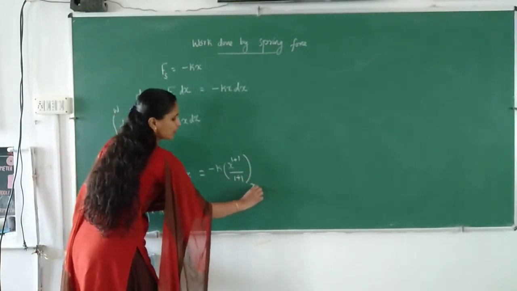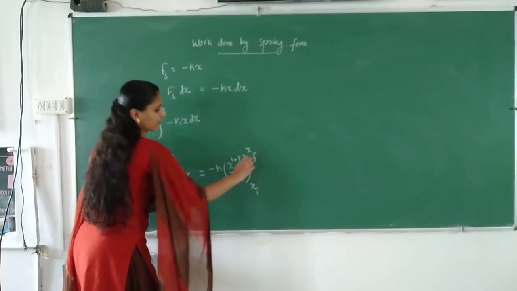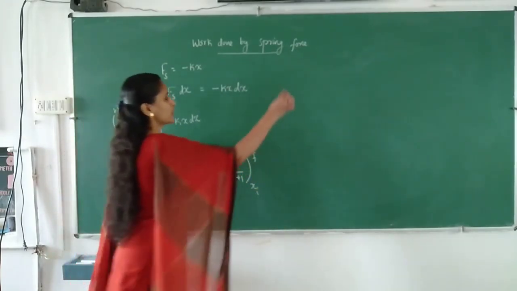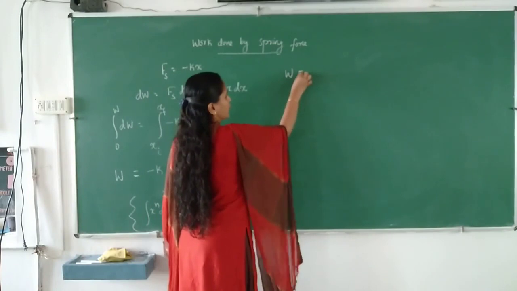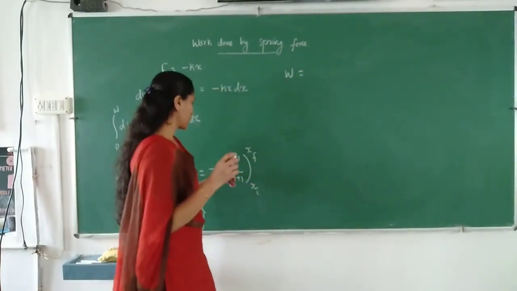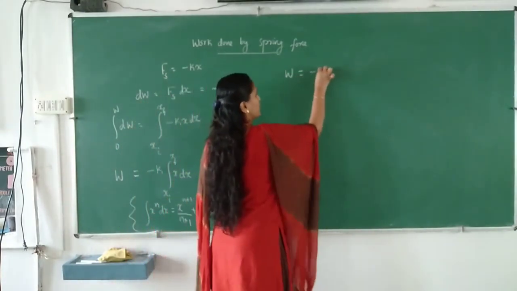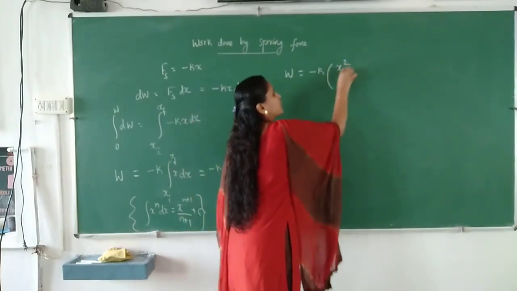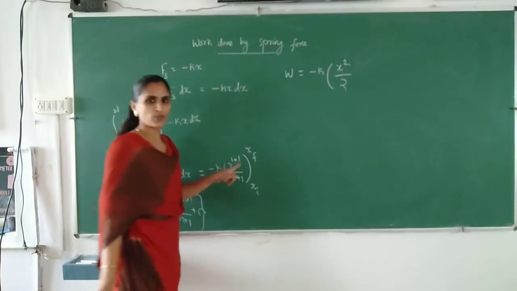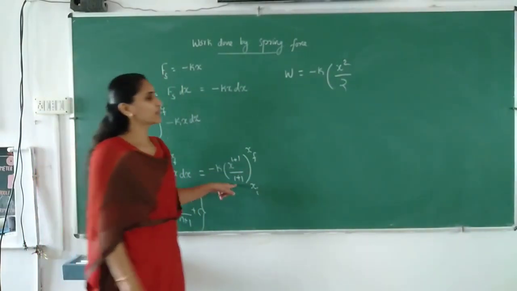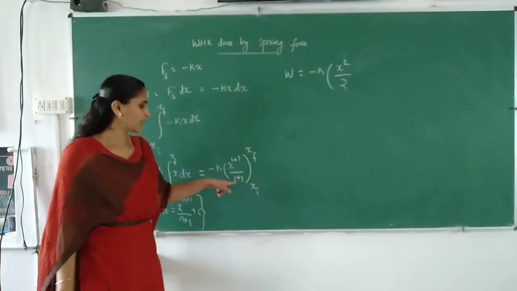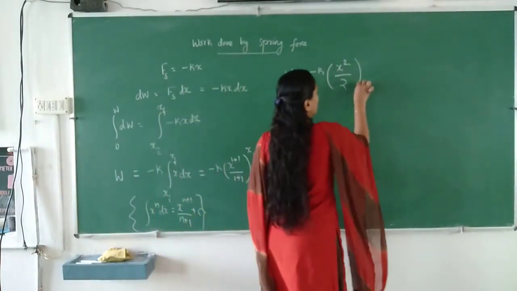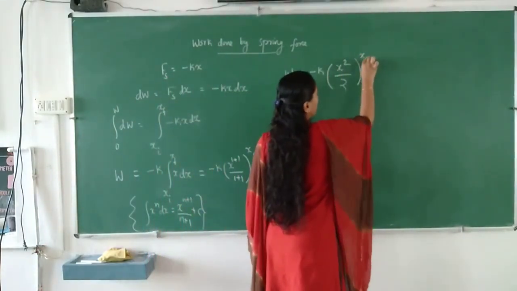Between the limits, what is the initial value? xi, and the final value xf. So the total work done by the spring force can be written as minus k into x square by 2, since x raised to 1 plus 1 by 1 plus 1 gives 2, between the limits xi to xf.